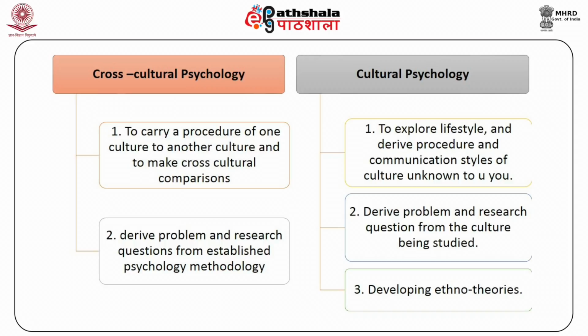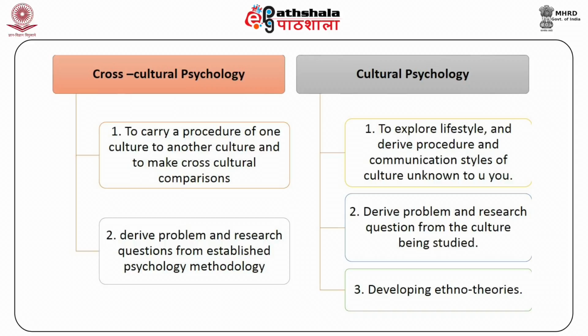Derive problems and research questions from established psychology methodology. Cultural psychology, methodology: 1. To explore lifestyle and derive procedures and communication styles of a culture unknown to you. 2. Derive problems and research questions from the culture being studied.